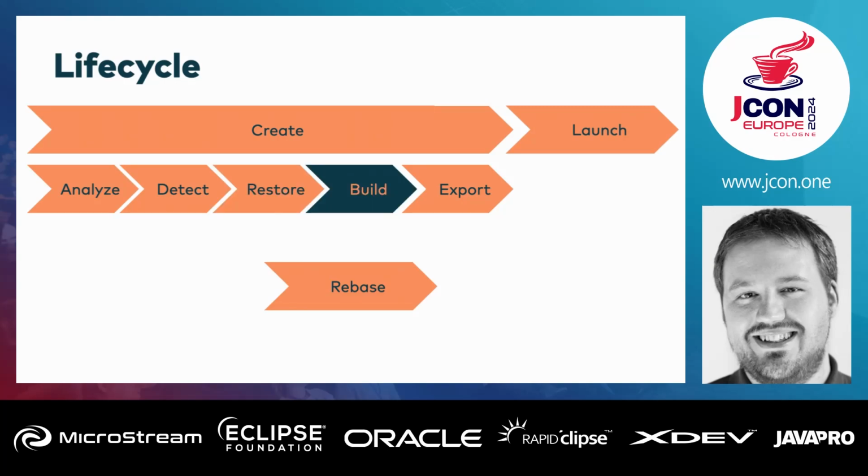Then there is a build phase where all the buildpacks that during the detect phase have said, oh, I've detected something I can provide to, will be executed, and here your code is compiled, packaged, some run information for the command line is written, and so on and so on. And lastly, in the export phase, everything that's done within the build phase is exported as a container image into a registry.